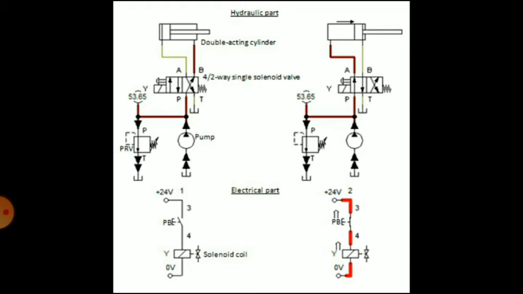Now first you can see the hydraulic part, the direct control. In the hydraulic circuit you can see there is a pump, then the normal position is shown. In the normal position the cylinder is in the retracted position. So this is the normal position.